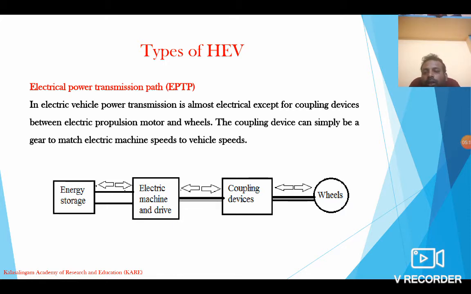So during this operation the power is transferred through electrical linkages like battery, electrical motor, and then wheel. So it is called the electrical power transmission path.